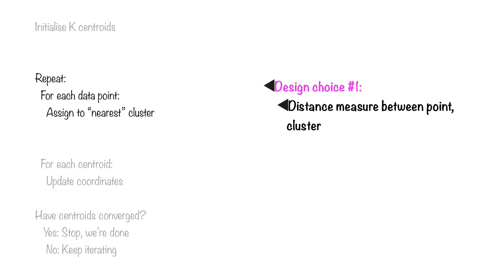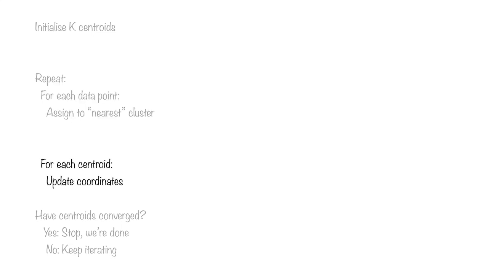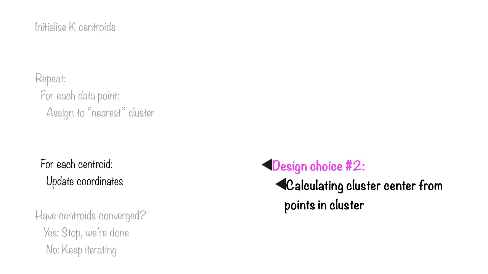The very first design choice is how do we measure the distance between the point and the reference vector of the cluster. For a point in n-dimensional space, you know that there are several distance measures that we can use. The one that is the most commonly used is Euclidean distance. Next comes the step where we want to update the coordinates of the cluster centers.